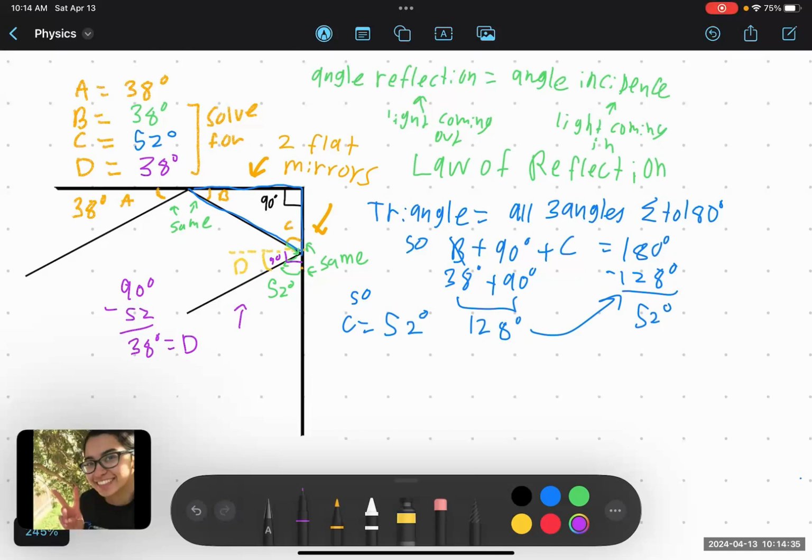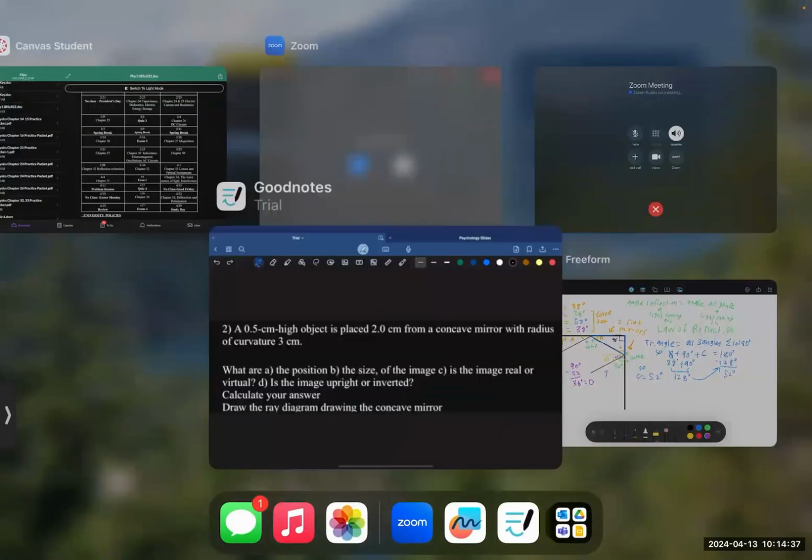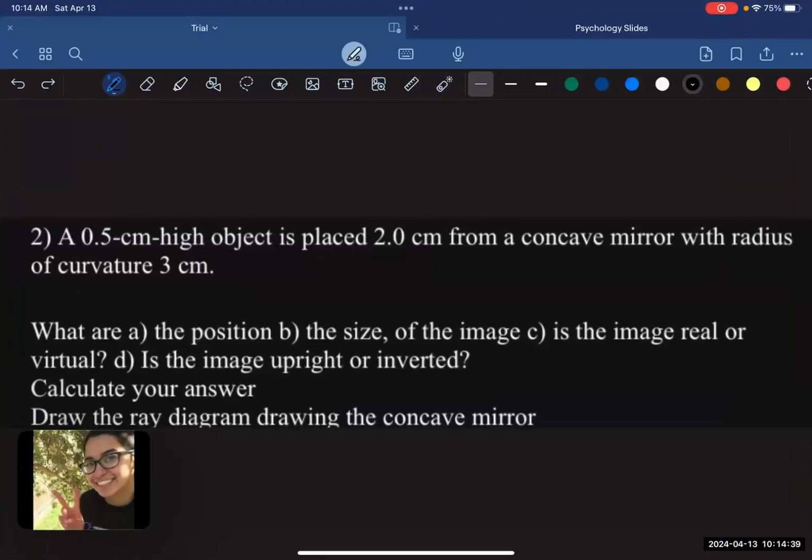We also have another problem over here where we have a concave mirror.